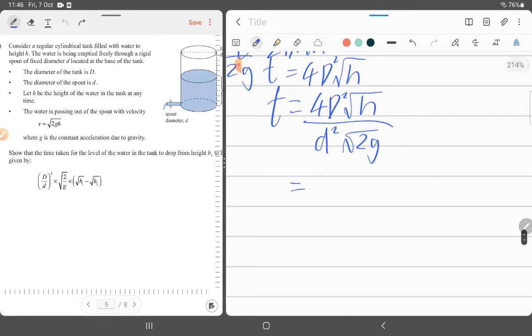Then we can pull out D over D squared here. Then 4 over square root of 2G times square root of H.